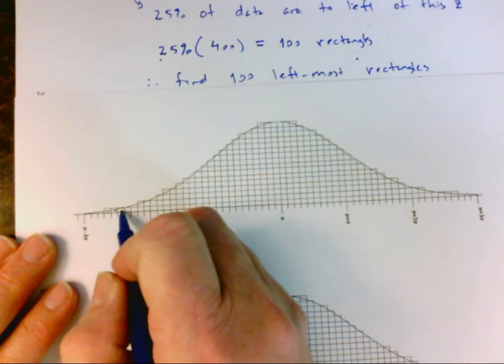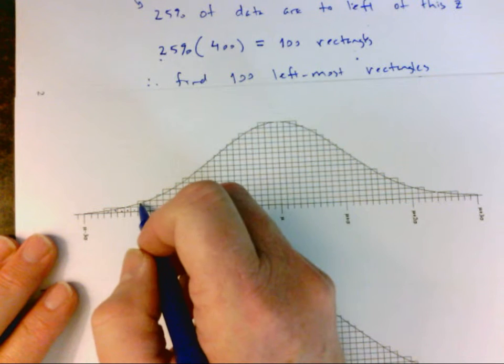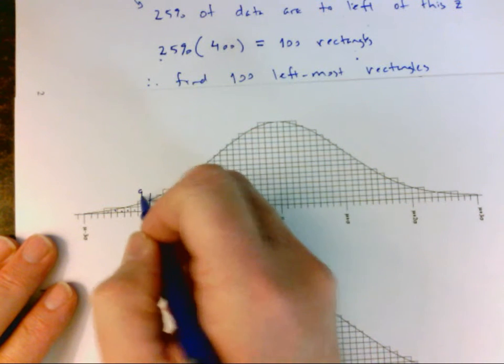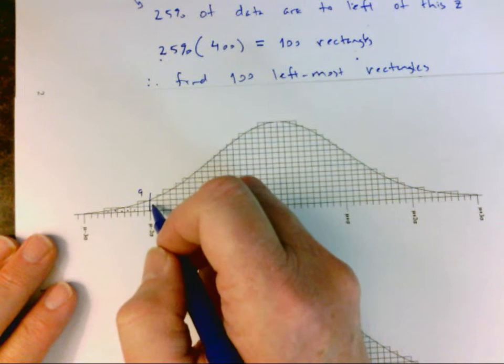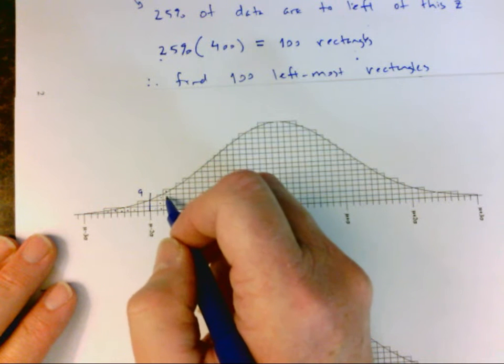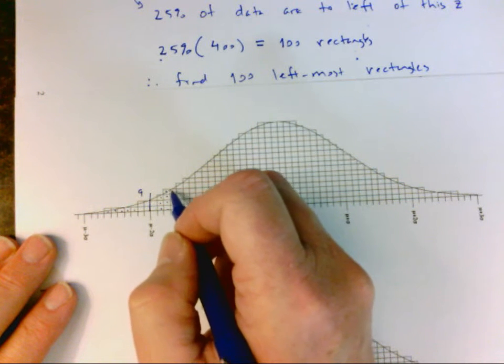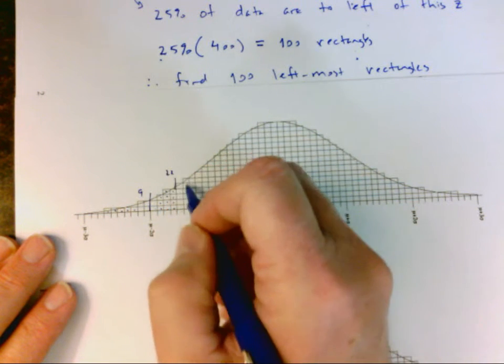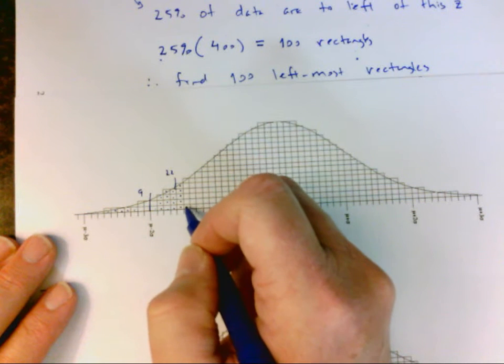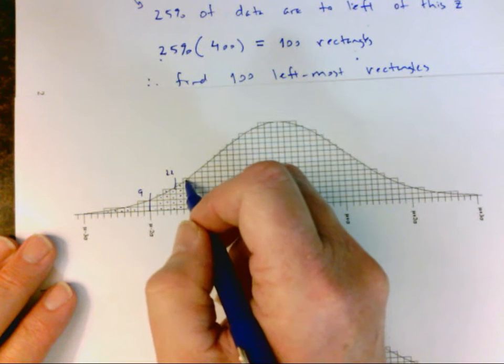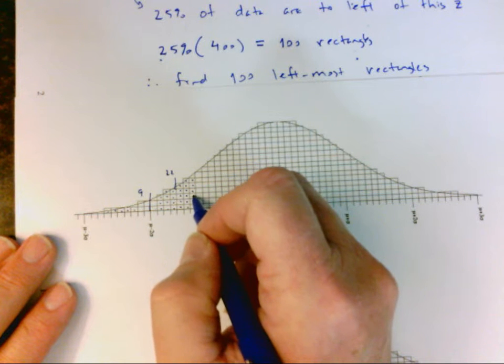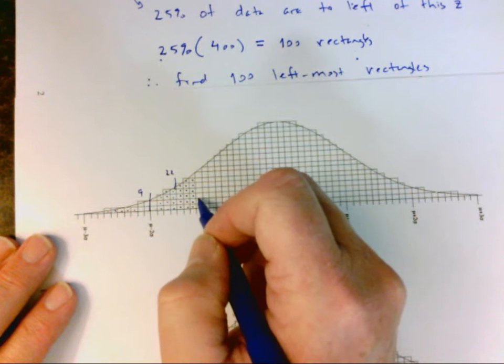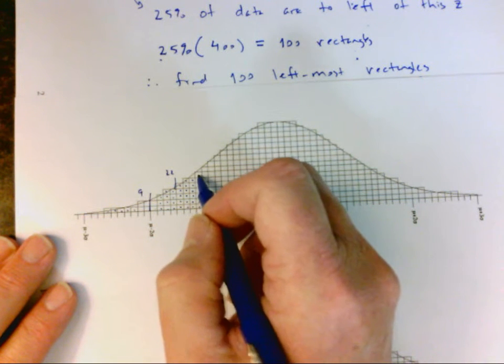So 1, 2, 3, 4, 5. There are 5. There are 9 at that point. 10, 11, 12, up to 22. There are 22 to there. 23, 24, and so on up to 46.